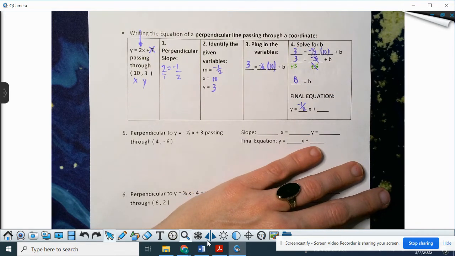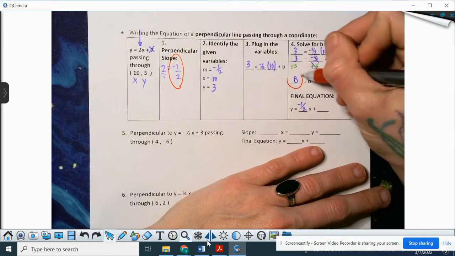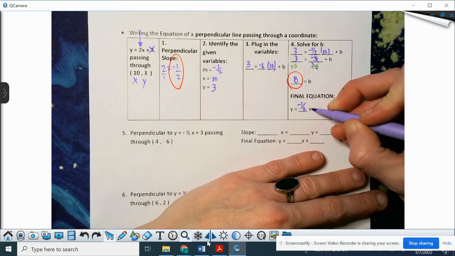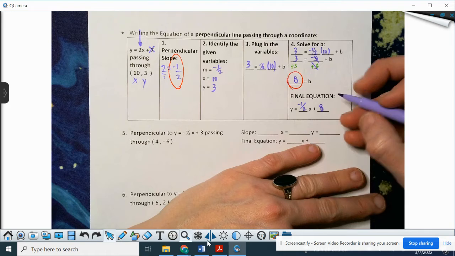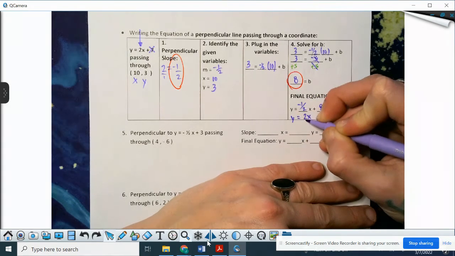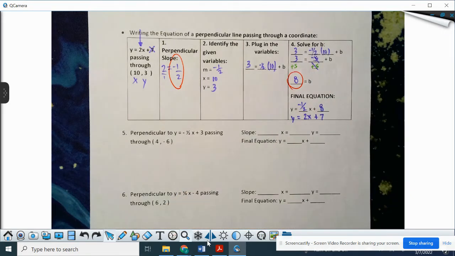The parts we need, remember again, are our opposite reciprocal slope and our y-intercept. And then we write our line: y equals -1/2 x plus 8. And that line is indeed perpendicular to y equals 2x plus 7, because our slopes are opposite and reciprocal. Y-intercepts really mean nothing as far as comparing the two.